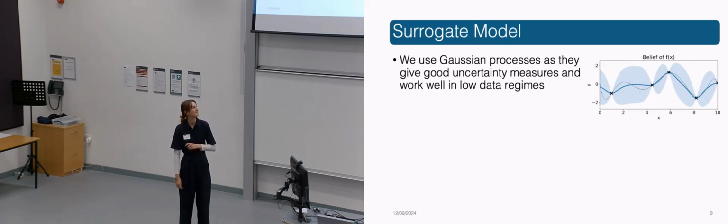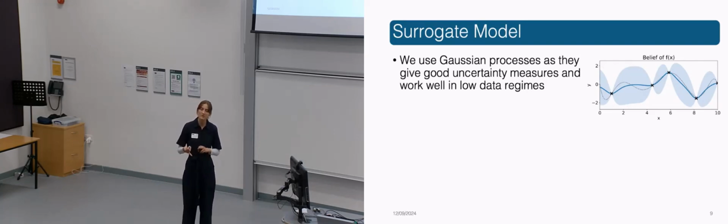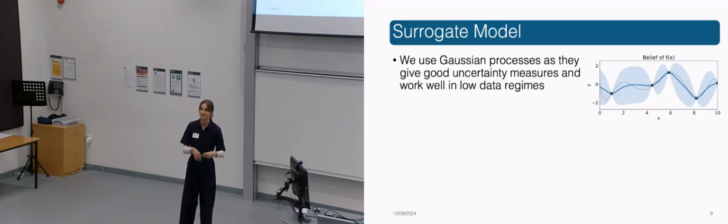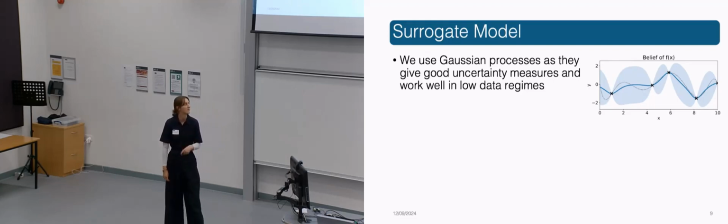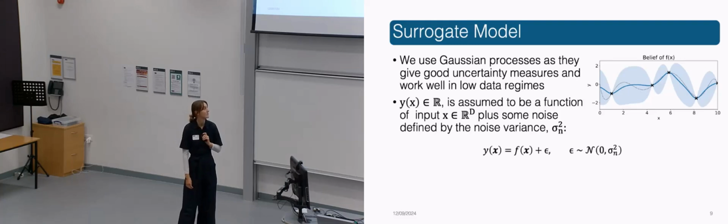We use Gaussian processes because they're good in low data regimes. These experiments are quite time-consuming and quite costly. It takes about a day to run an experiment, but then you have to order new things, so it takes about 2 weeks for the new sequences to arrive. So we want to minimize the number of experiments we're doing. And they give good uncertainty measures, which obviously is good for Bayesian optimization, as Henry told us yesterday.